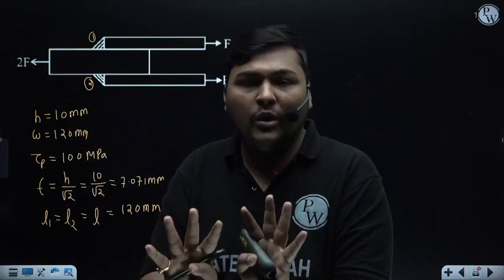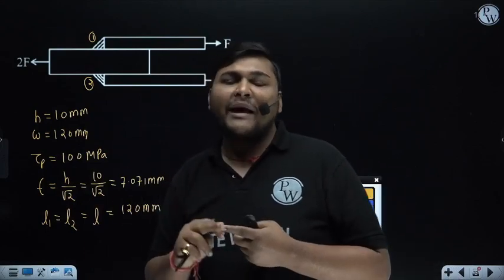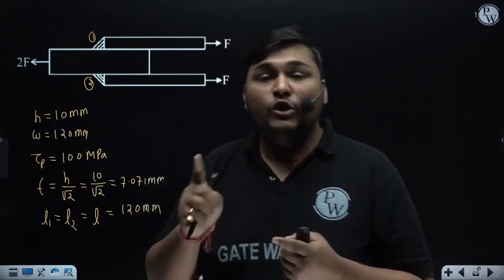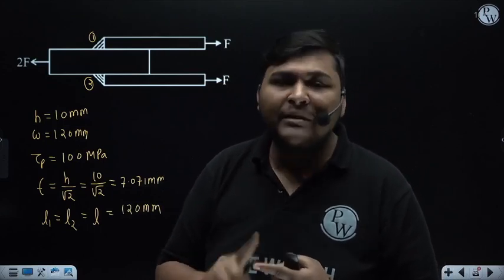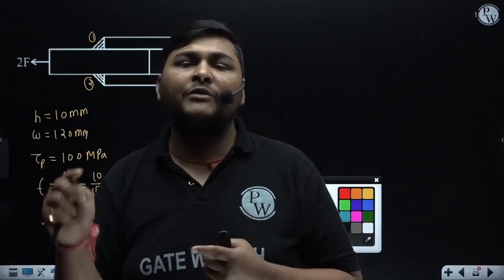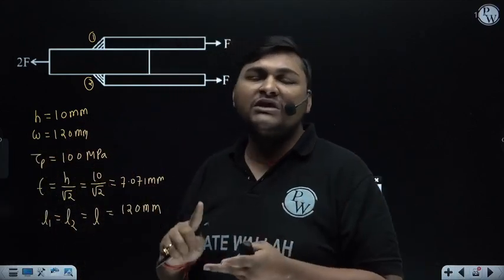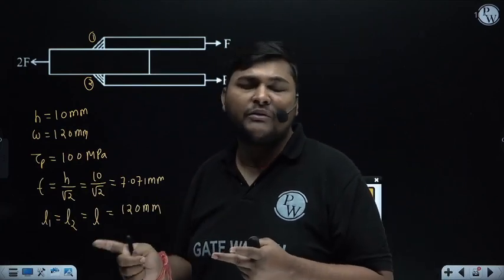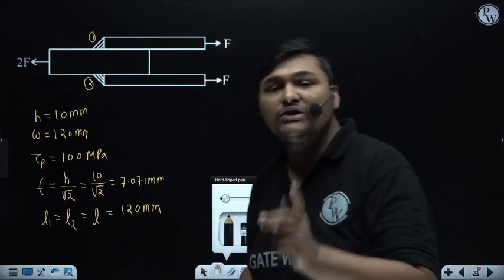It is not the actual formula for a transverse fillet weld, but during analysis we will use this formula. Whether the weld is parallel or transverse fillet weld, if stress is coming due to force, during analysis we take the primary shear stress as total force divided by total throat area, which is the actual formula for a parallel fillet weld.